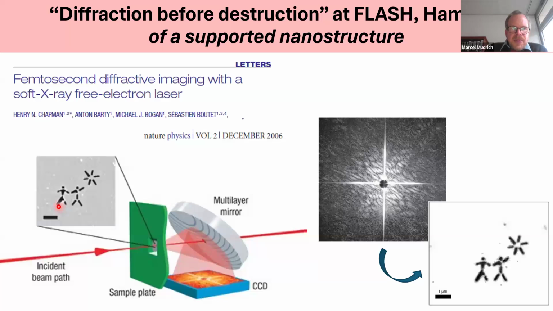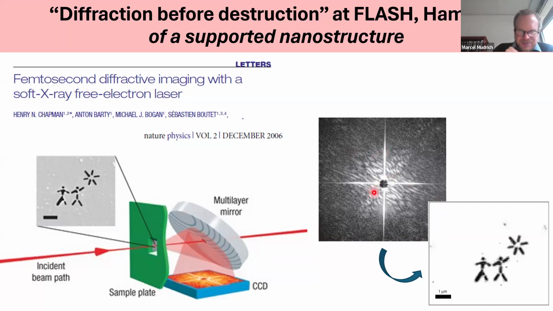So what they started doing to demonstrate the femtosecond diffractive imaging technique was to use a nano target, not a free protein, but a nano-fabricated thin metal target supported in a frame. By shooting one femtosecond soft X-ray pulse onto this target and then recording the diffraction image on a CCD camera, they recorded patterns like this.